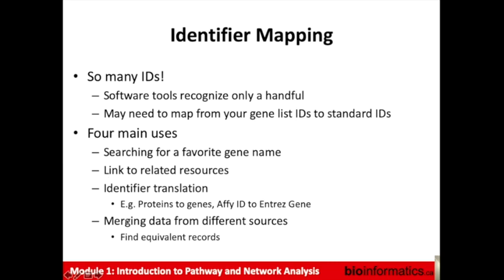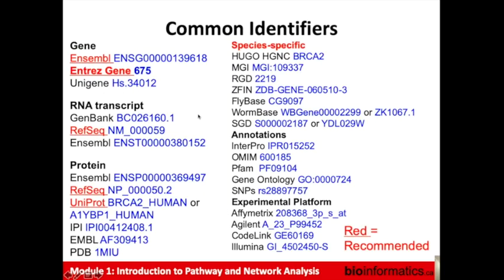So there are different reasons to do this identifier mapping. The main one is converting database numbers, like integers that are associated with Entrez gene ID, to human readable names, or to convert between these when you need to input your gene list into a tool that only recognizes some of these.